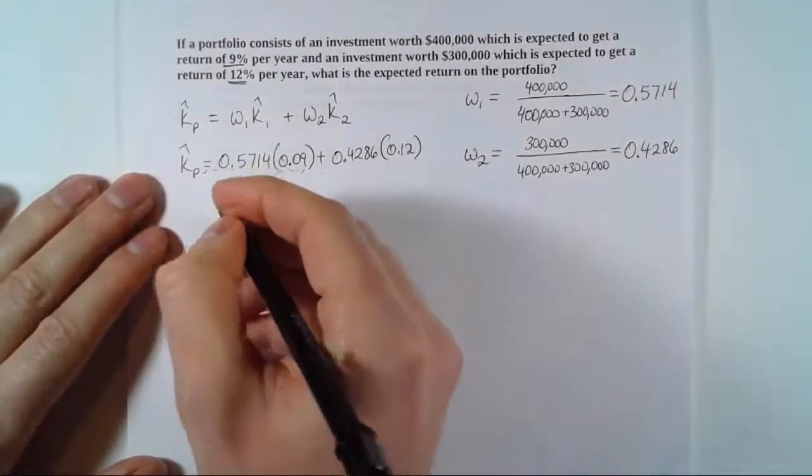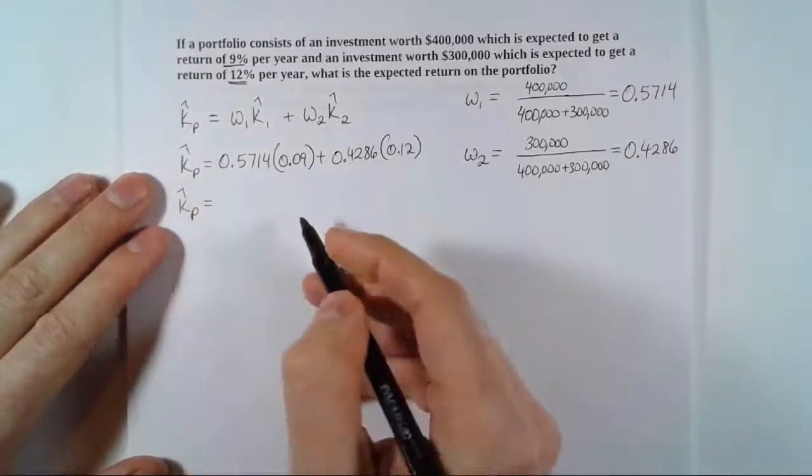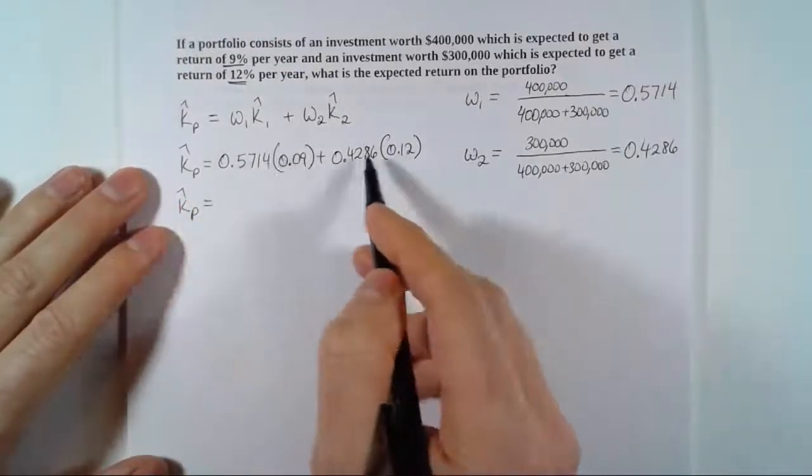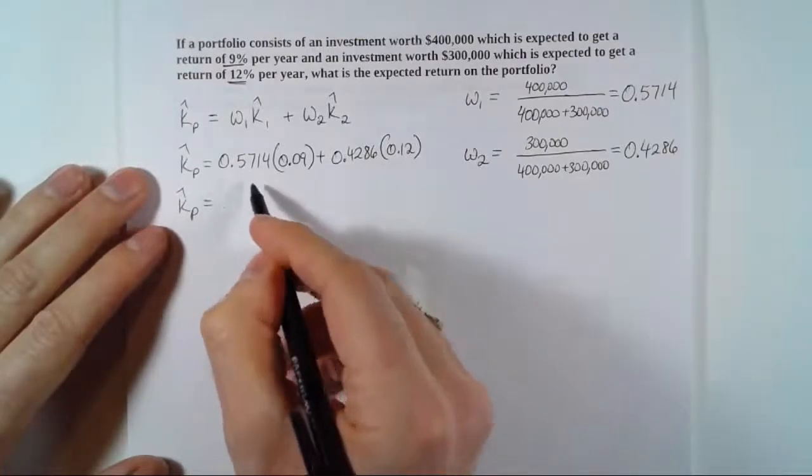So now if we're looking for the expected return on the portfolio, we need to work out each of these two pieces. So at this point, you should pause the video and work out this first piece.